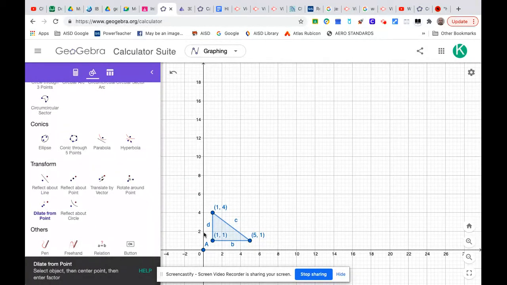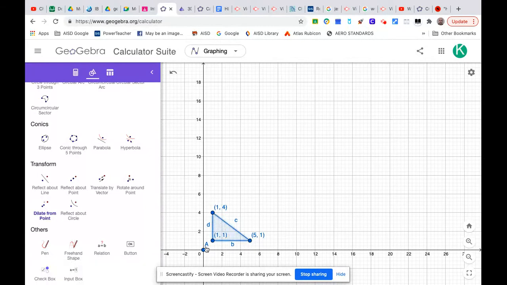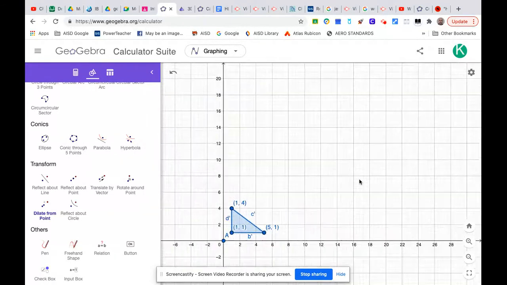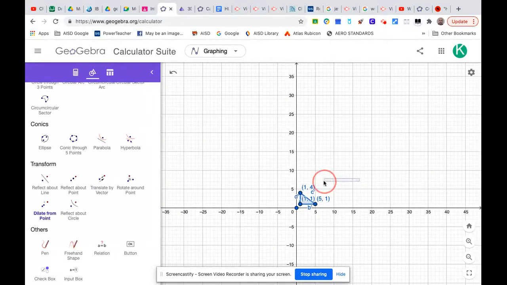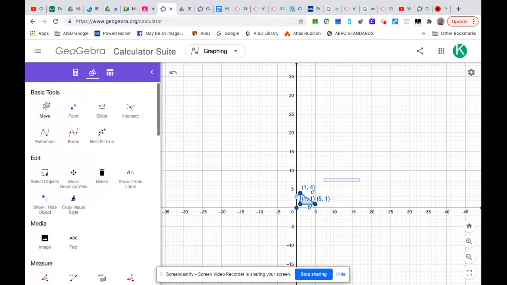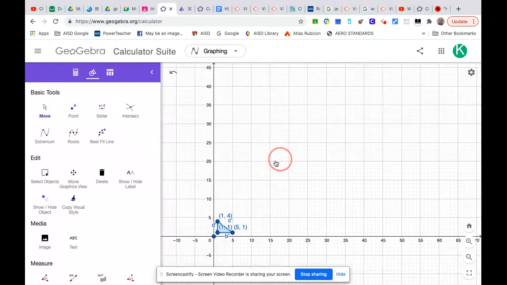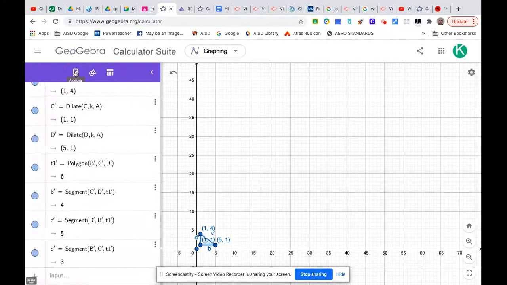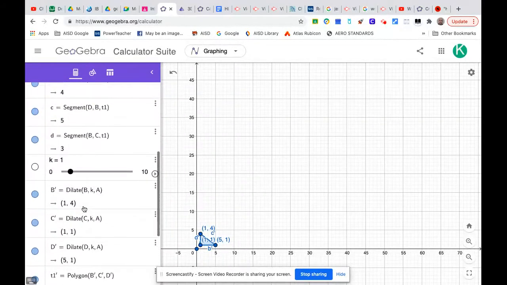So I want to dilate the triangle from the origin, and we're going to put in K because that was our slider. Okay, and let's shrink this down because let's see what's going on here. Whoops. Let's move this corner. You'll see this is kind of cool. Let's go to the calculator, and let's find our slider. Okay, ready? Let's see what happens.